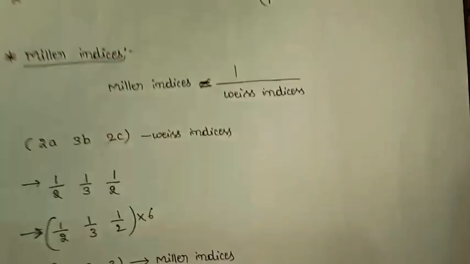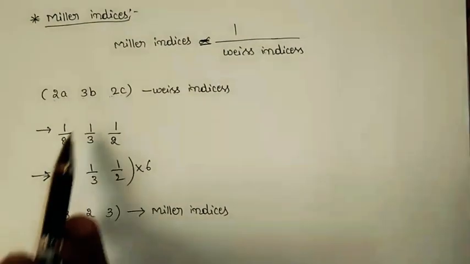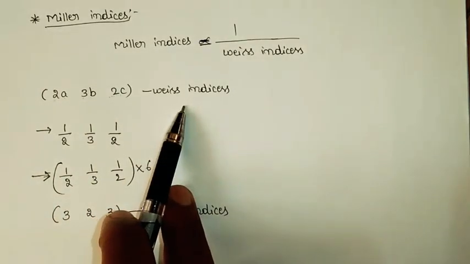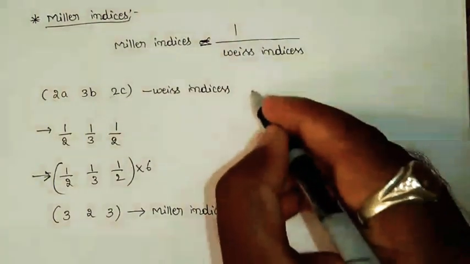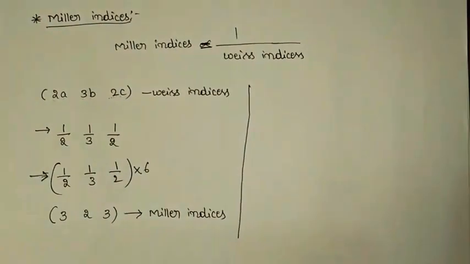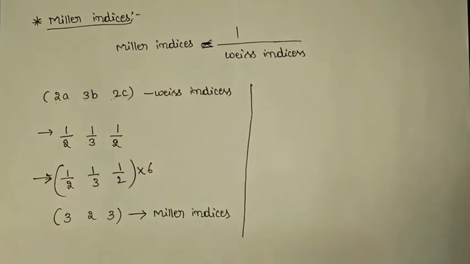Once you know the value of Weiss indices, it is very much easier to determine the Miller indices. So let us consider one more example for determining the Miller indices with the help of Weiss indices.